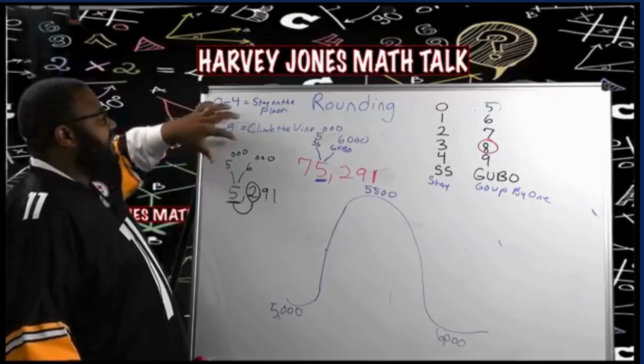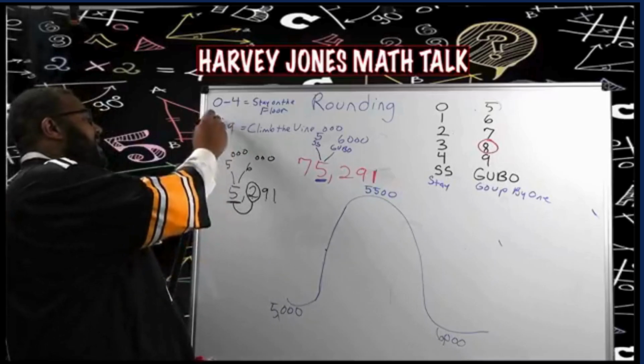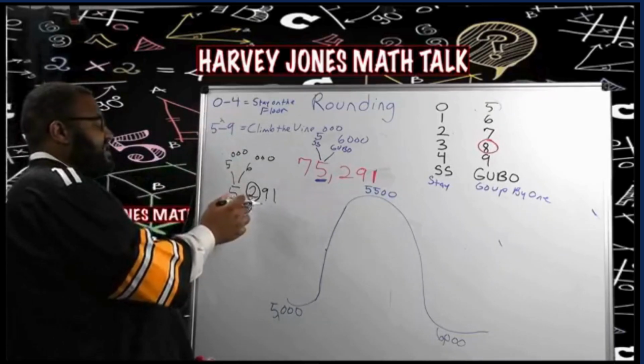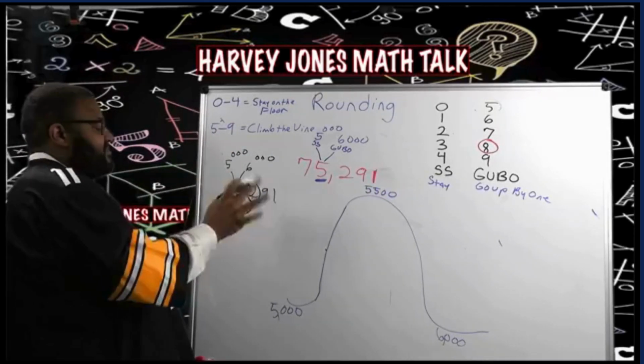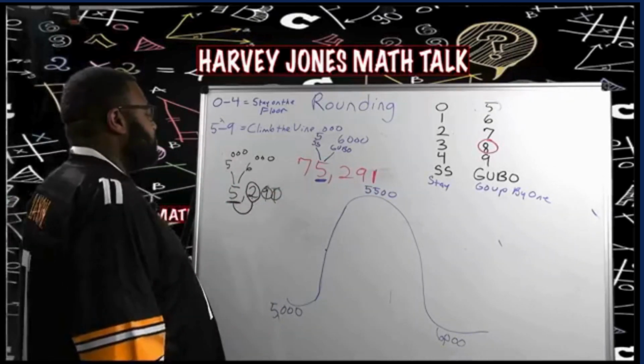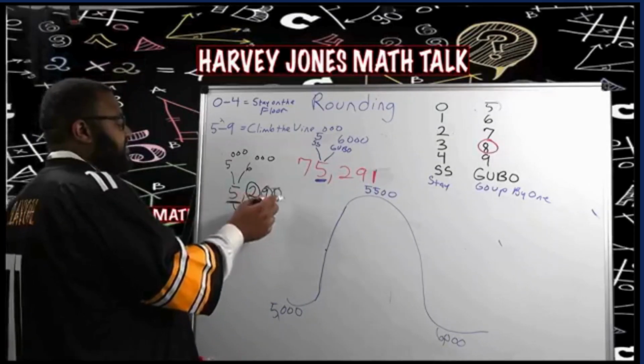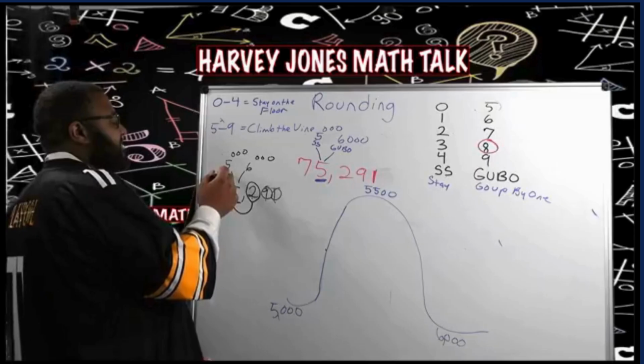Or 5 to 9, climb the vine. Guess what? I'm crossing the 5 to 9 out, because we're not looking at the 9 or the 1 here. All of those are both going to turn to zeros. Of course this 2 turns to a 0, and everything behind it becomes a 0. So that's 5 or 6.